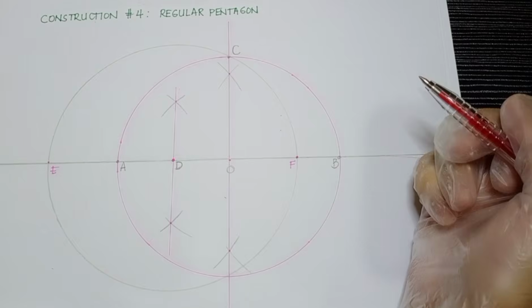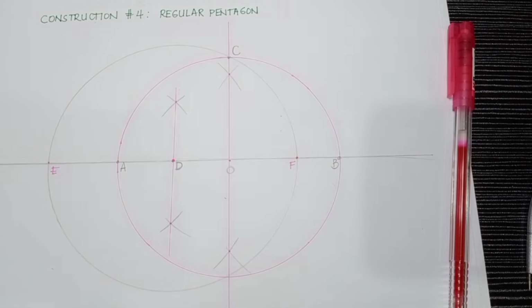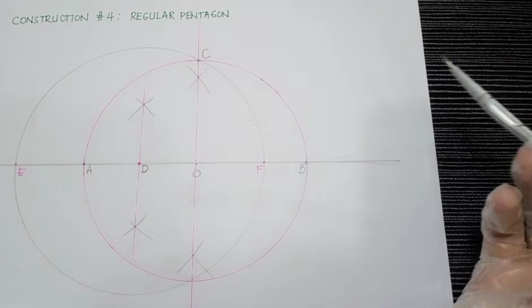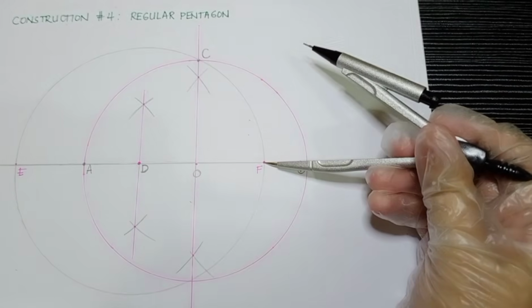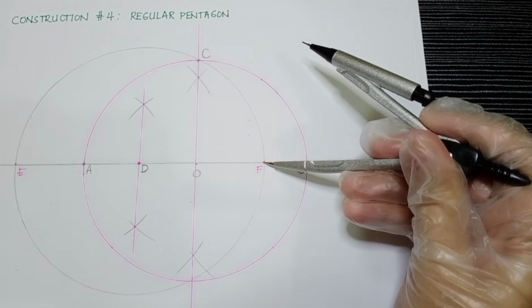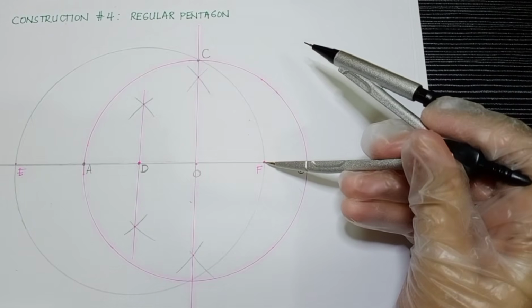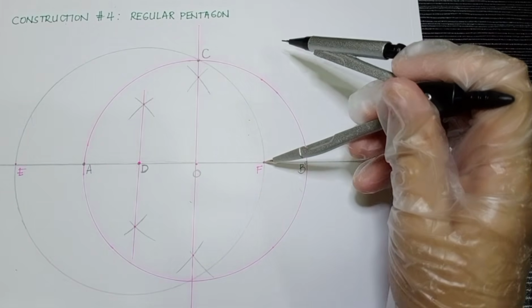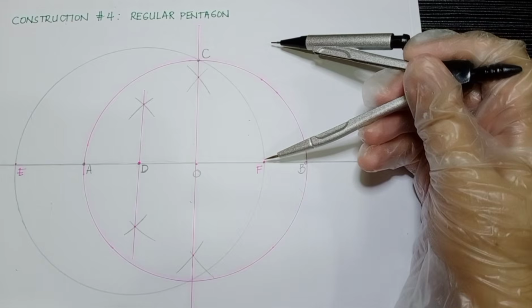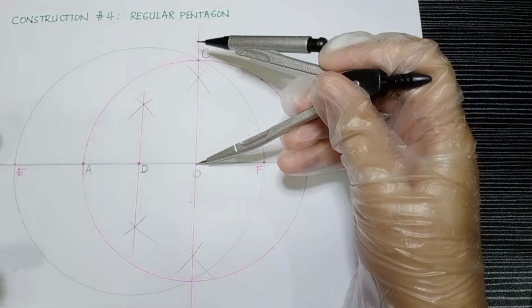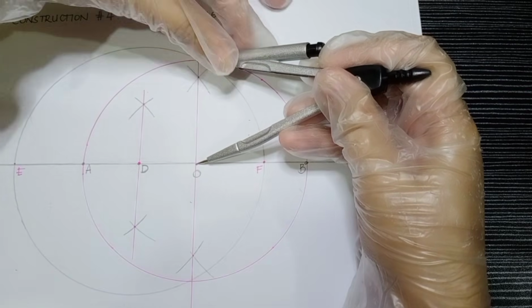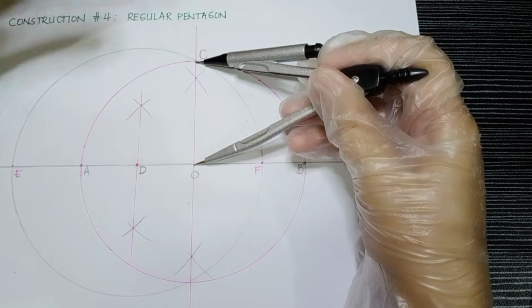Okay. So now, anong next na gagawin natin? Gagawa ulit tayo ng isa pang circle na kung saan etong point F naman ang magiging center mo. Ano ngayon ang radius? Ang radius mo ay ipapattern mo dito sa center O hanggang dun sa C. Make sure ha, tama po yung ating sukat.